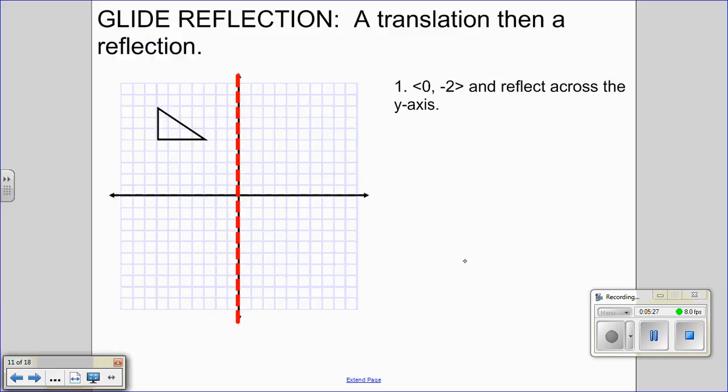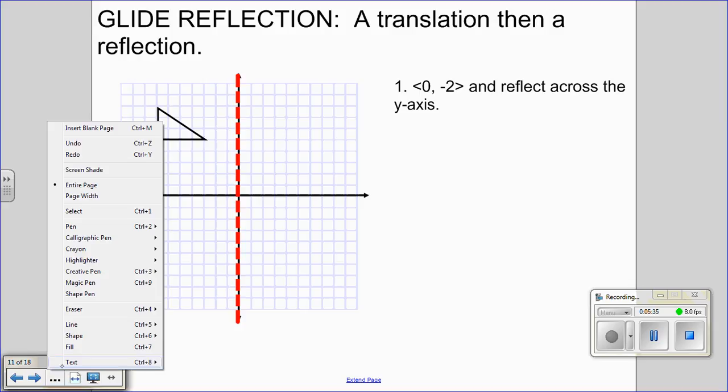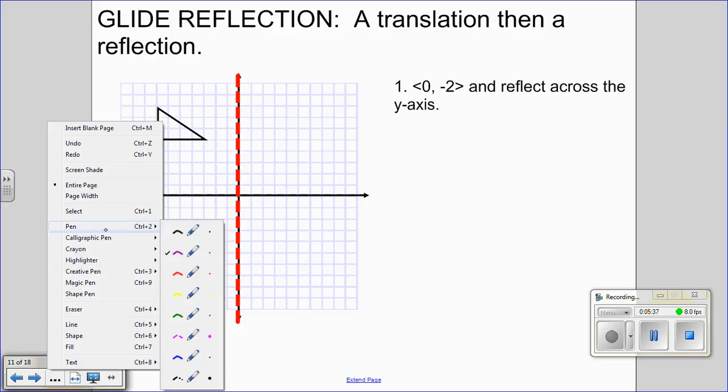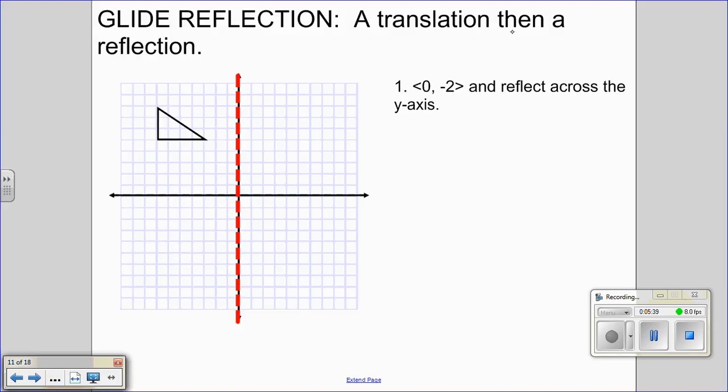A glide reflection. A glide reflection is a combination of a translation and a reflection. So in this example, they would like for us to first translate it using this vector rule, 0, -2, and then reflect it across the y-axis.